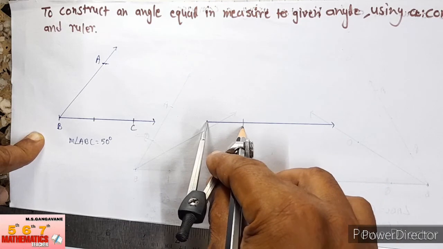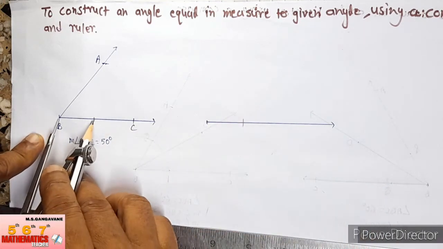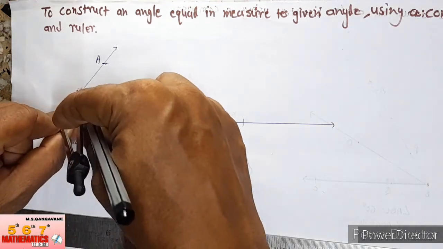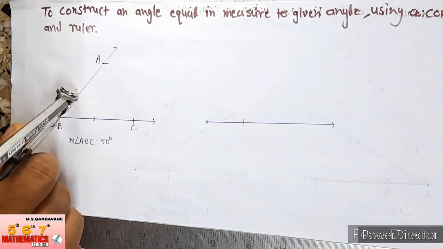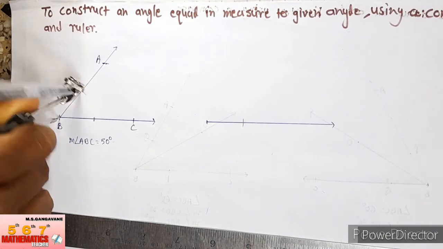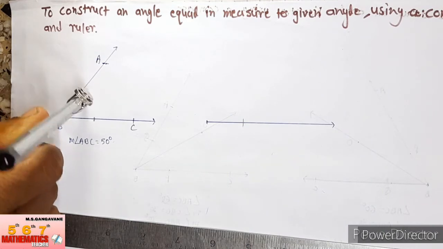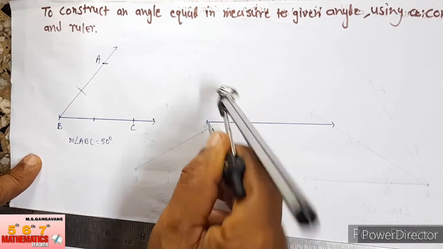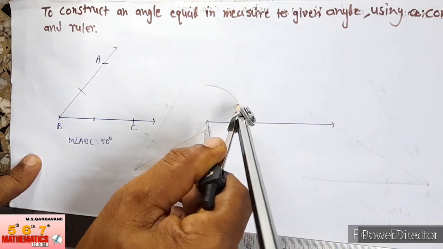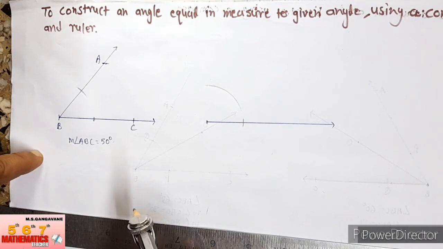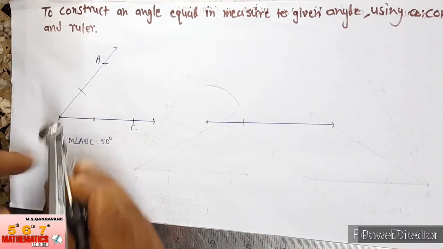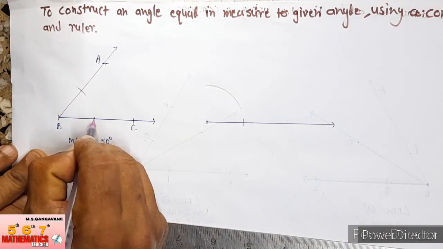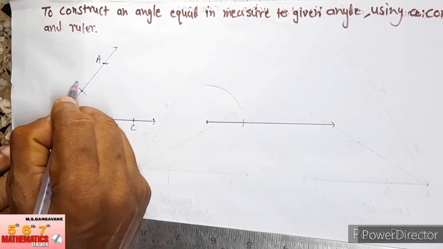Okay, do you understand? Same condition. Now make another arc on another arm, same condition, make a large arc. Done. Okay, now the distance between these points is P and it is Q.